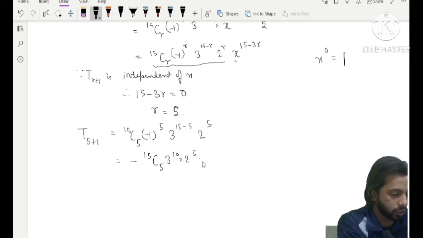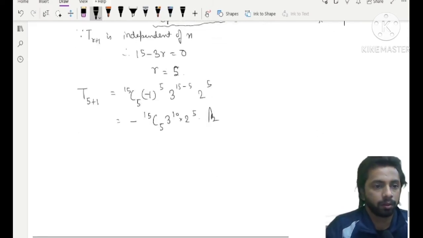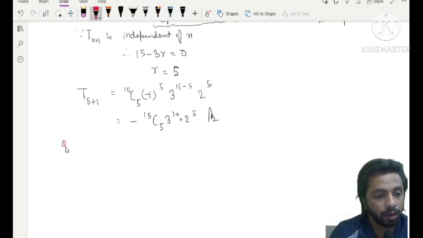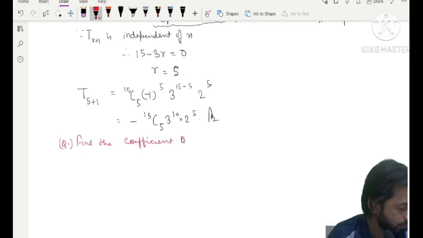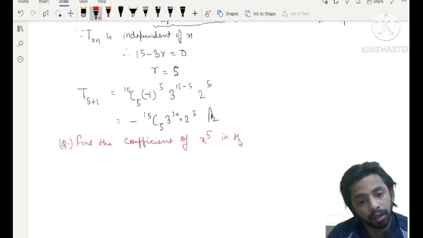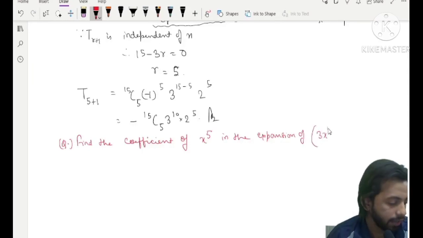We'll move on to the next question. Find the coefficient of x to the power 5 in the expansion of (3x² minus 1/(3x³)) raised to the power 10.